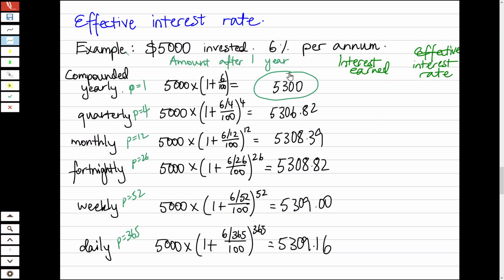The question is, how much interest did I earn? 300. It's how much money was added to the account. So here's what I'm going to do: I'm going to calculate the interest in each case. Again, you can see the interest is going up each time.